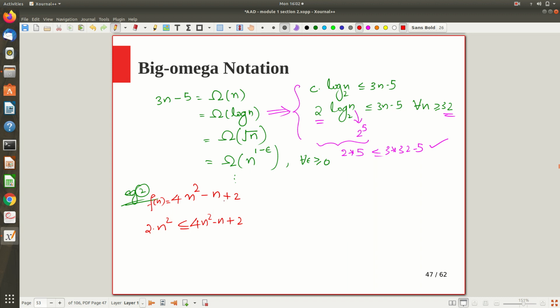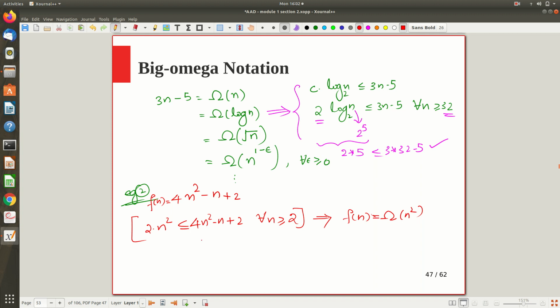If I am trying with 2, this is true, so I have already done it in my own way, and I am asking you to check it. So this is greater than or equal to 2, it is going to be true, just verify. In this way I can say that f of n is equal to big omega of n square. Okay, similarly any smaller quantity also you can say.